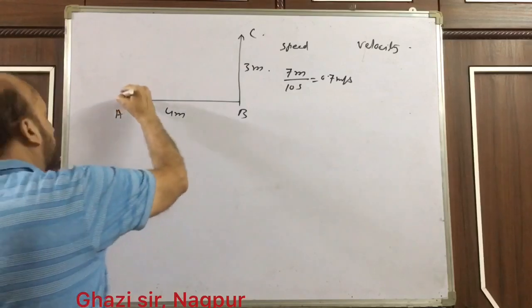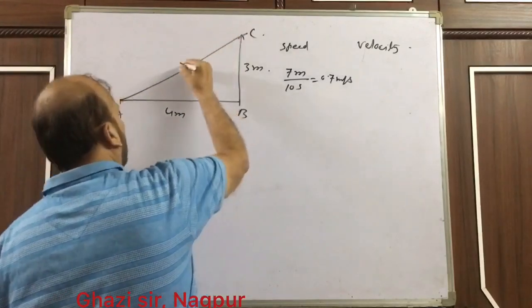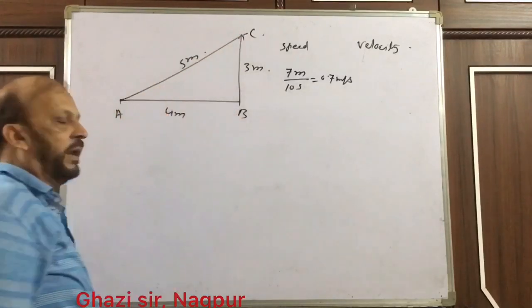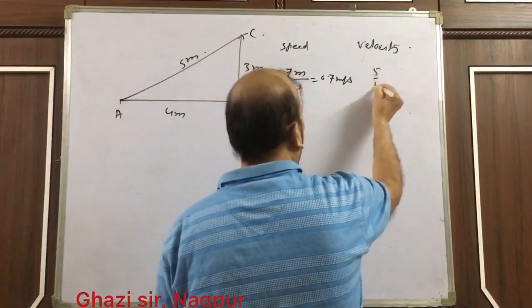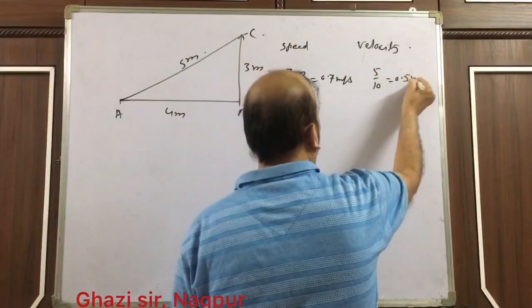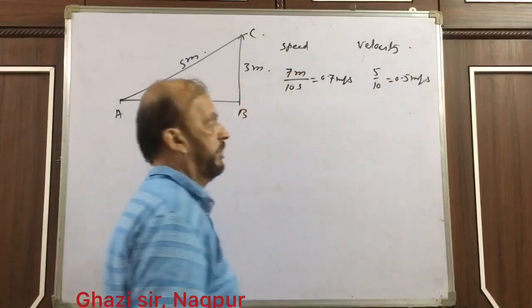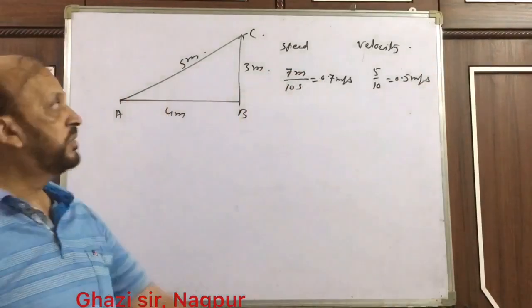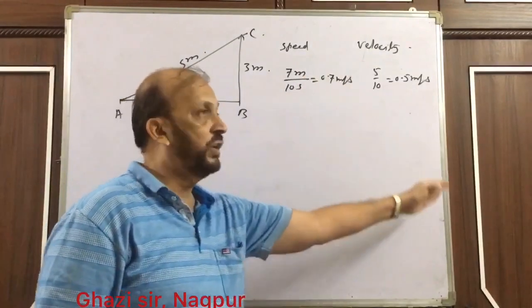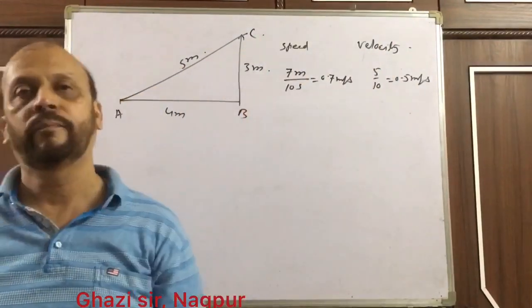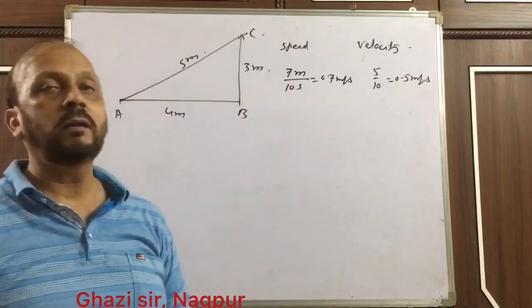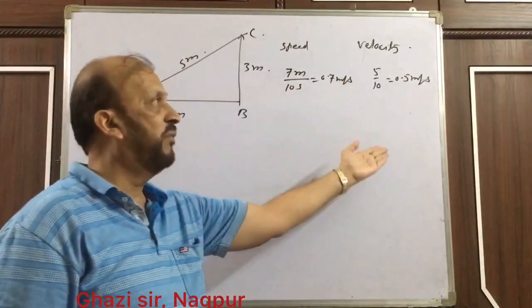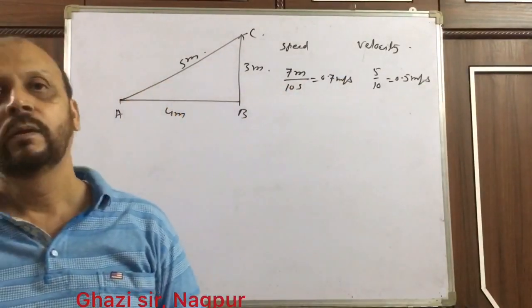Velocity: displacement, that is 5 meter, so 5 upon 10, that is 0.5 meter per second. That means speed and velocity are different here. Speed is 0.7 meter per second, velocity is 0.5 meter per second.